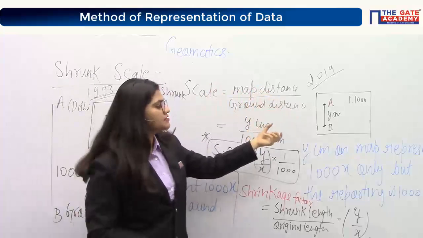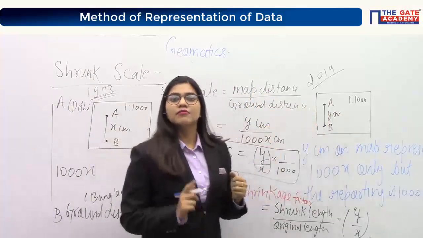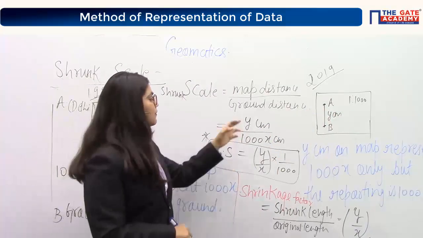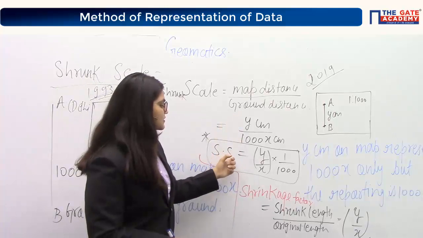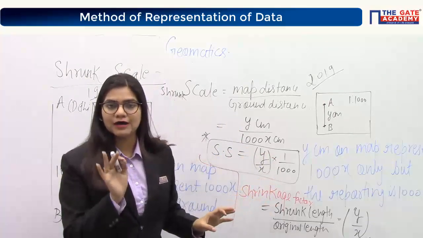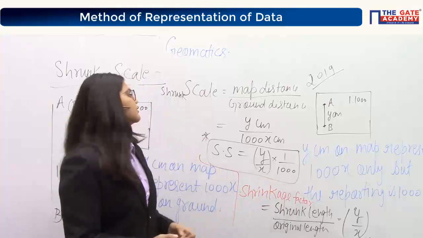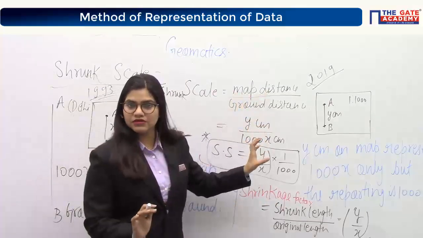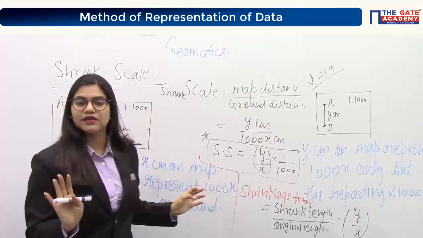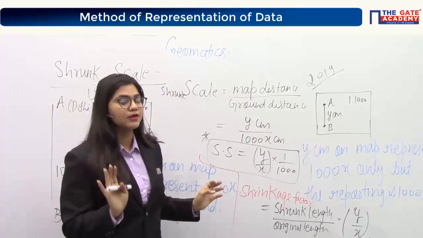Map distance here is y centimeter, but the ground distance is your 1000x. So you got this formula, shrunk scale is y by x into 1000. There is no need of mugging up this formula. You can directly see this, your map distance divided by your ground distance. That's it, there is no need of mugging up the formula.